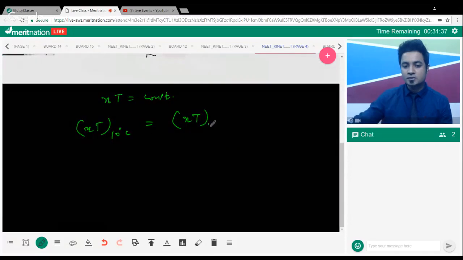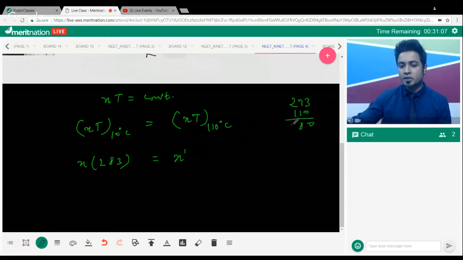110 degrees Celsius. You know that you have to convert it into Kelvin, because that is the standard form of temperature. So 10 becomes 273 plus 10, that is 283, right? And for this one, we need to calculate the new ratio X dash. For 110, it becomes 273 plus 110, that is 383.